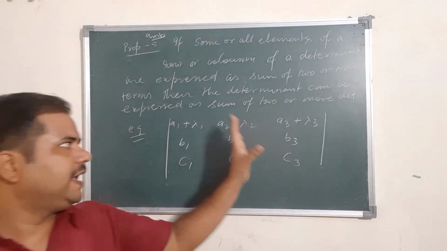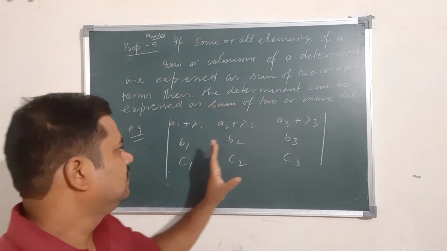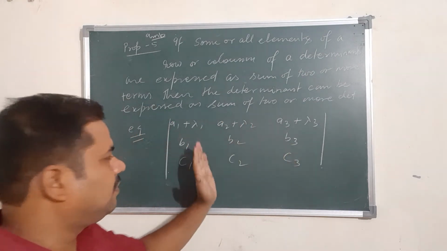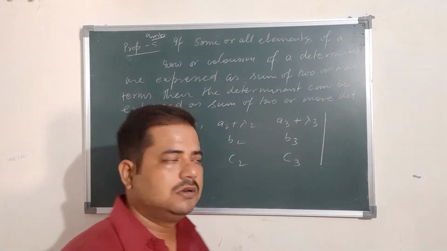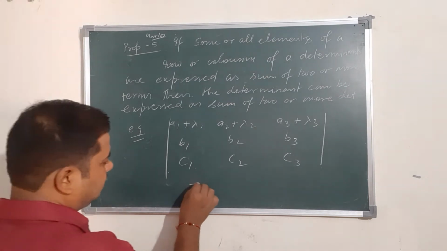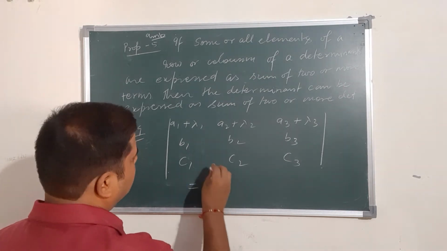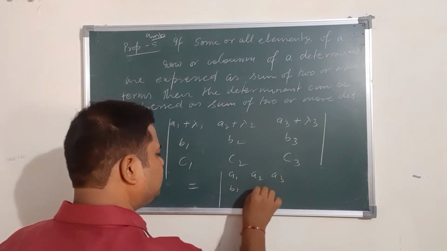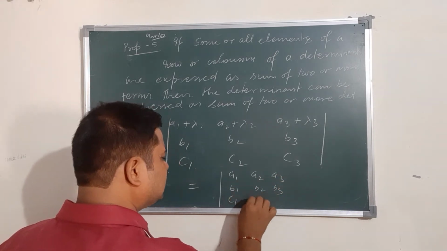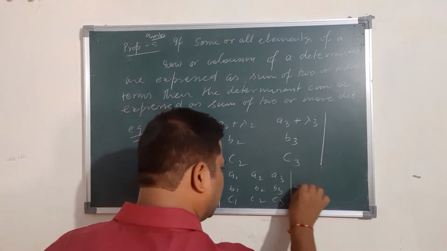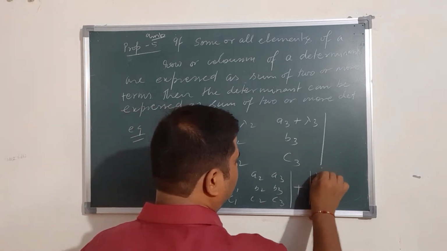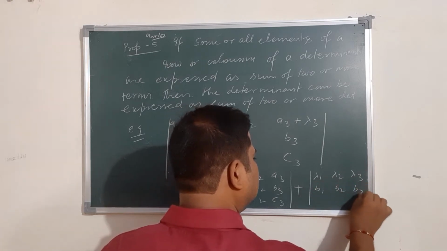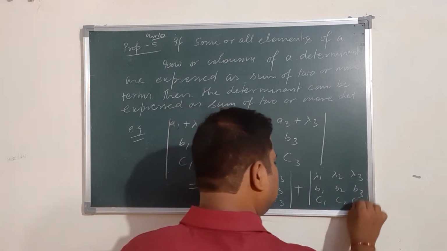So this property states that this determinant can be expressed as the sum of two determinants. It is equal to a1, a2, a3, b1, b2, b3, c1, c2, c3 plus lambda 1, lambda 2, lambda 3, b1, b2, b3, c1, c2 and c3.